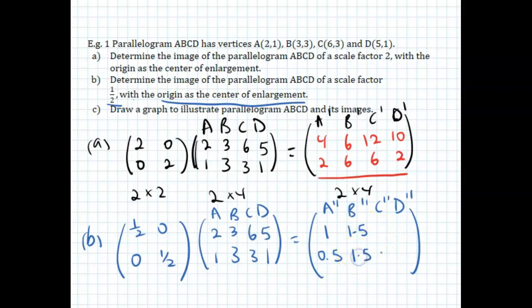Now it's really nice and easy to multiply matrices like this with a lot of zeros in them. So these are my 4 other points. Now that means I've completed this and this.